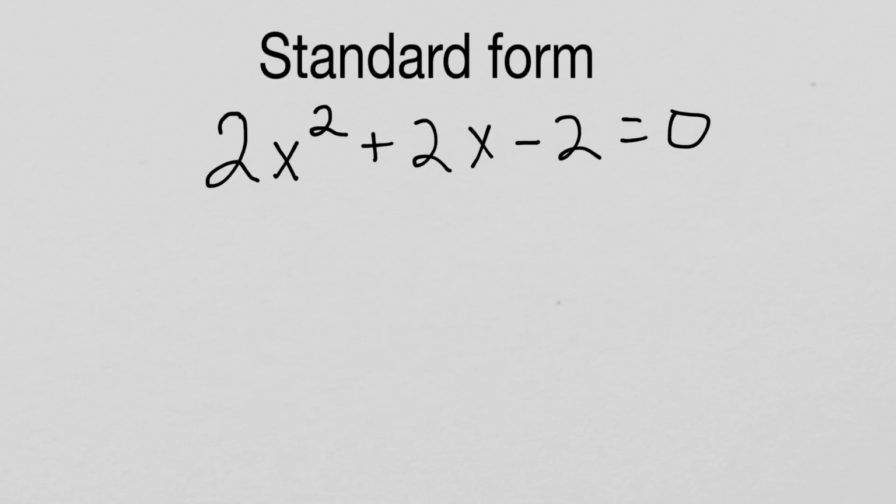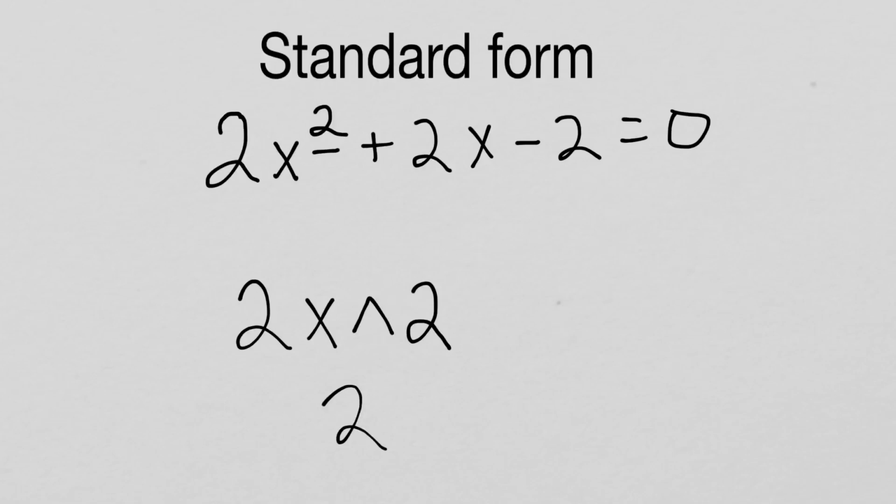I've got one last thing. Forgot about this. I want to show you how to type this into Delta Math. For this one, you'd type 2, and you know it's going to be x, and to get the exponent of 2, you type in a caret, and then you type in a 2, and it'll go to an exponent like that.